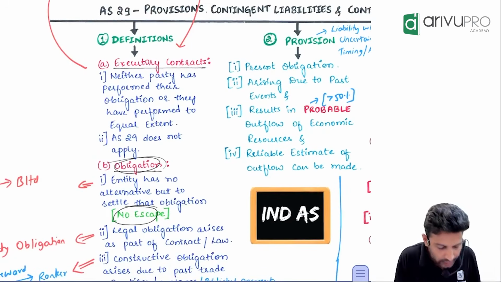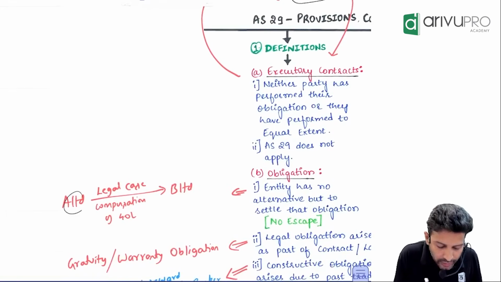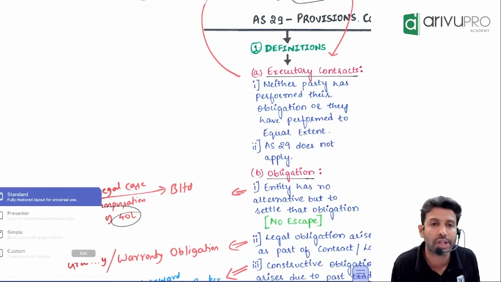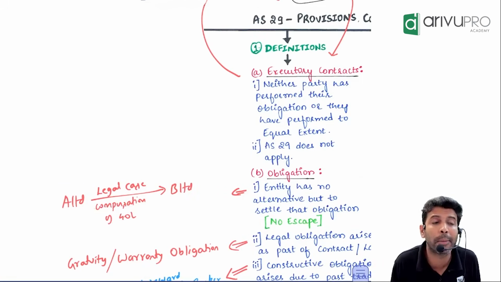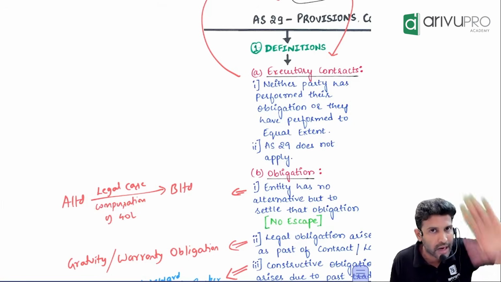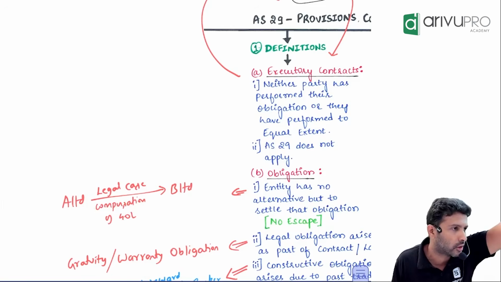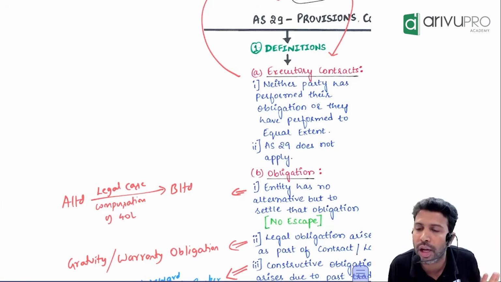Like, let us say A Limited has filed a case against B Limited, demanding compensation of 40 lakh. Can B Limited escape from the legal proceedings, or does B Limited have to go through the legal process? B Limited has to go through the legal process.